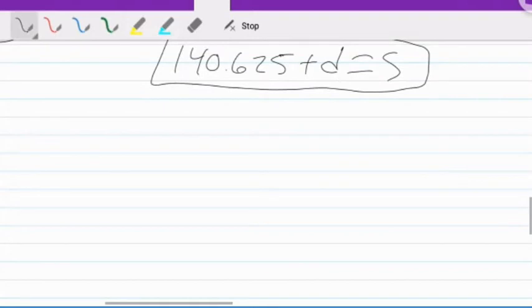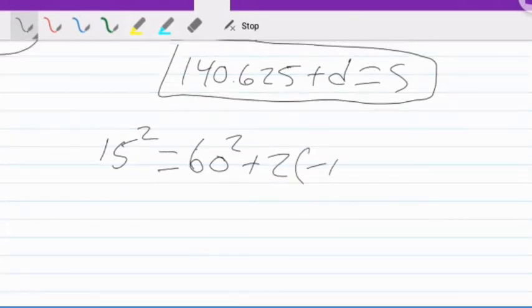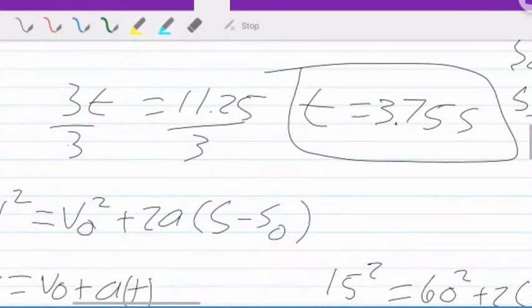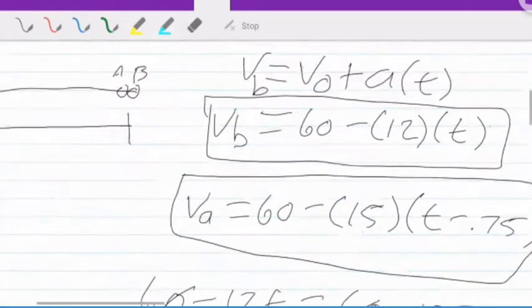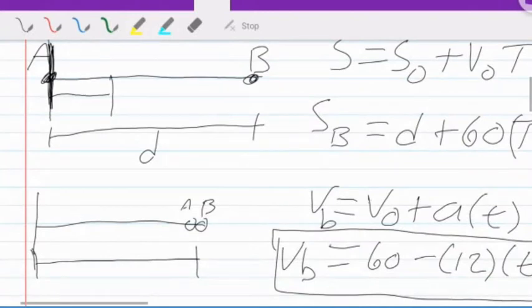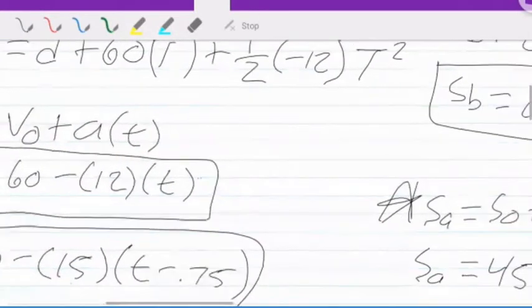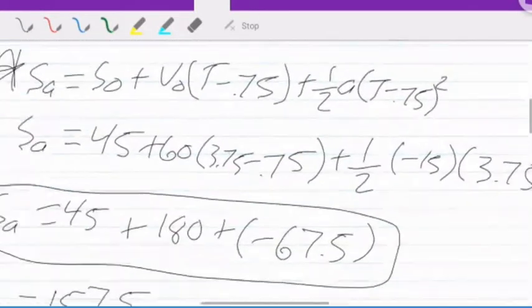And now using this equation with car A, it has the same velocity, so we're going to be using 15 squared is equal to its initial velocity squared plus 2 times negative 15 times s minus s naught. Remember, s naught was 45 because that was his displacement whenever the time started for him. Whenever he started hitting the brakes, he went 45 feet.